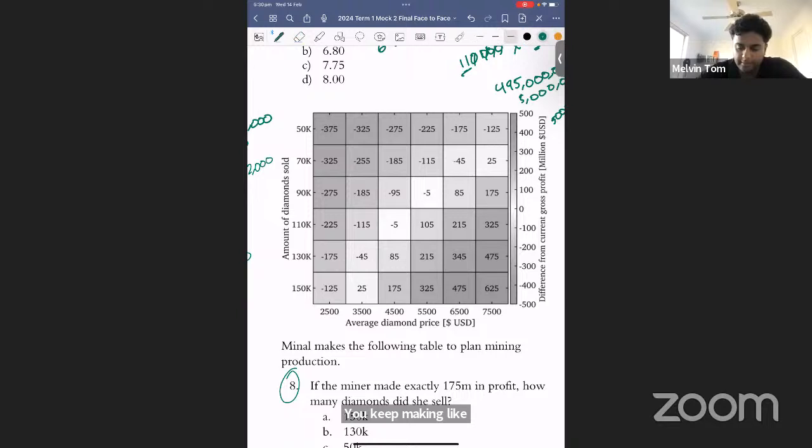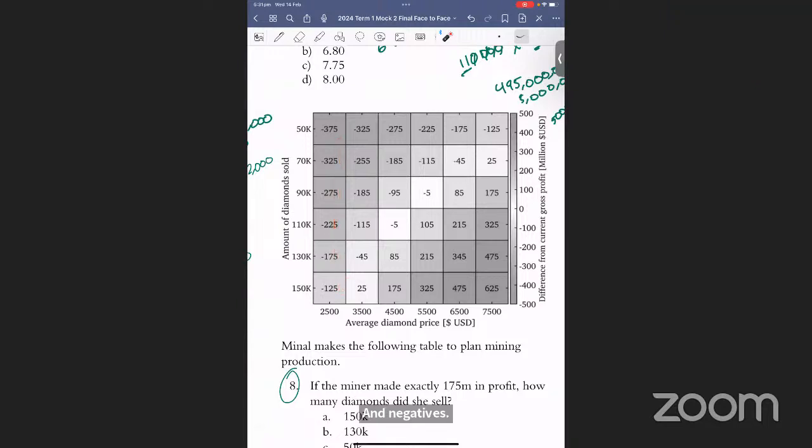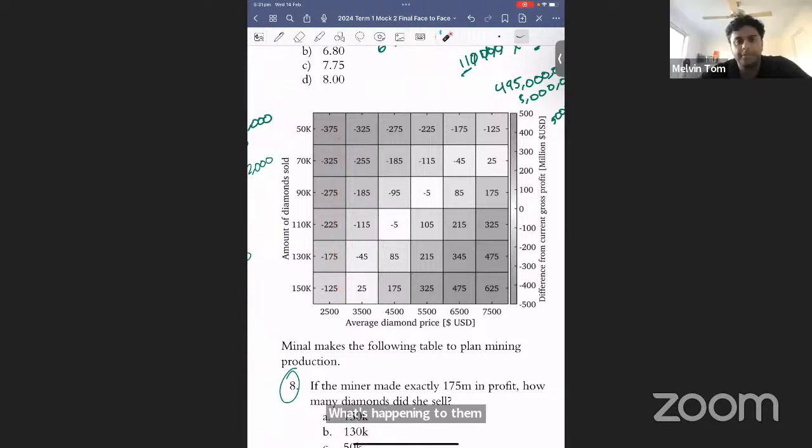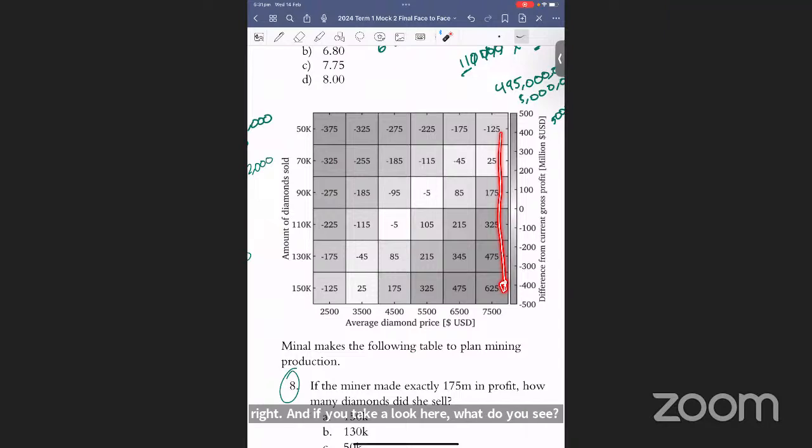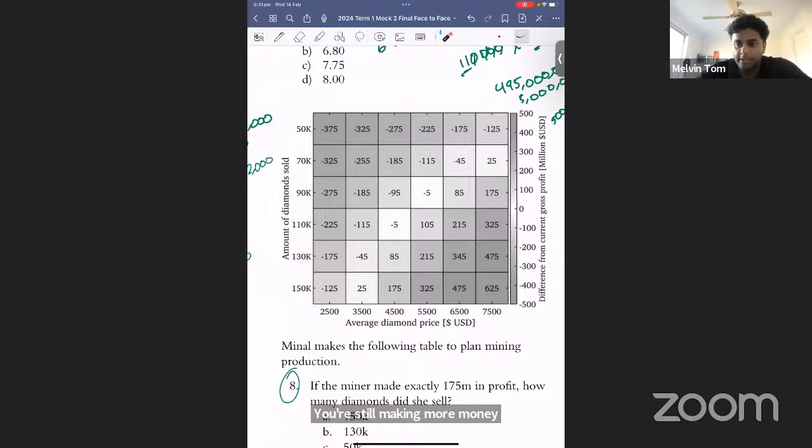There are still negatives, but what do you see about the negatives? What's happening to them? They're getting less. So what does that mean? You're making more money. That's right. And if you take a look here, what do you see? You're still making more money. That's right. So the more diamonds you sell, the more money you make.